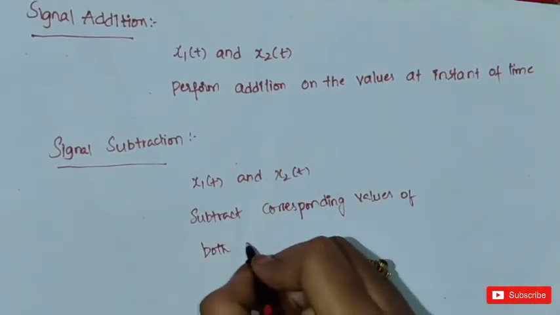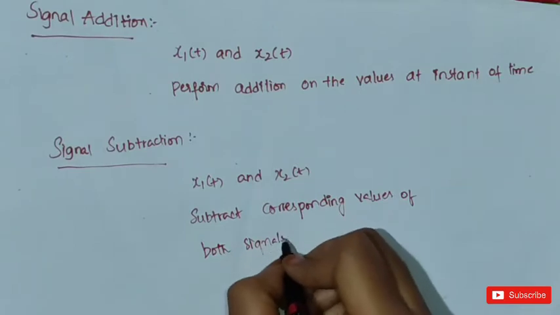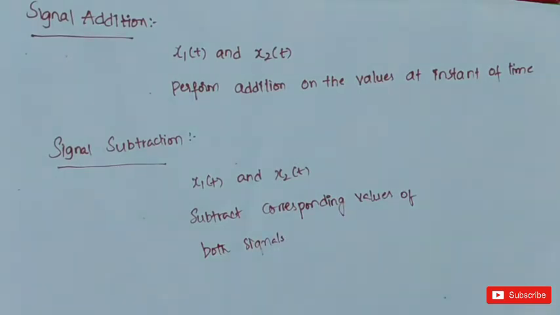In signal subtraction, we have to subtract the corresponding values of the given signals to obtain the resultant signal.